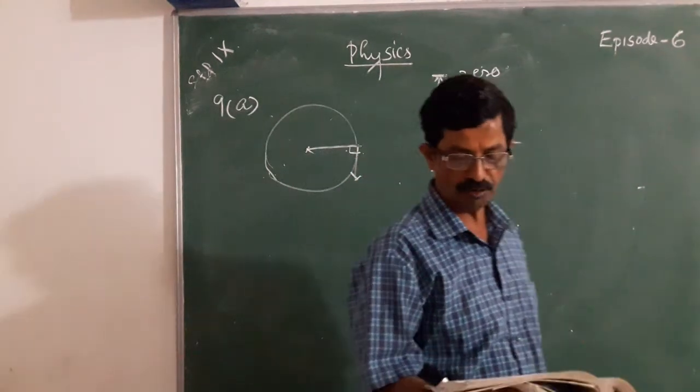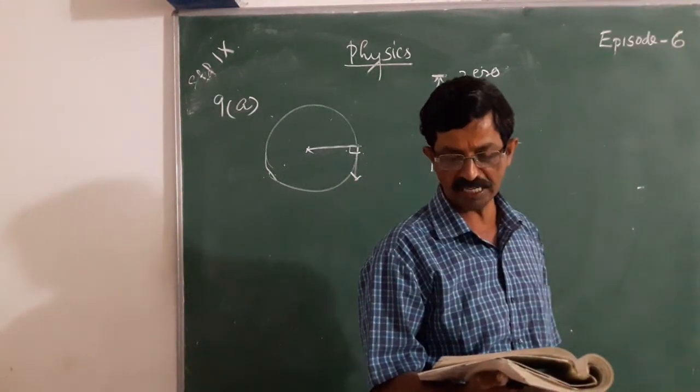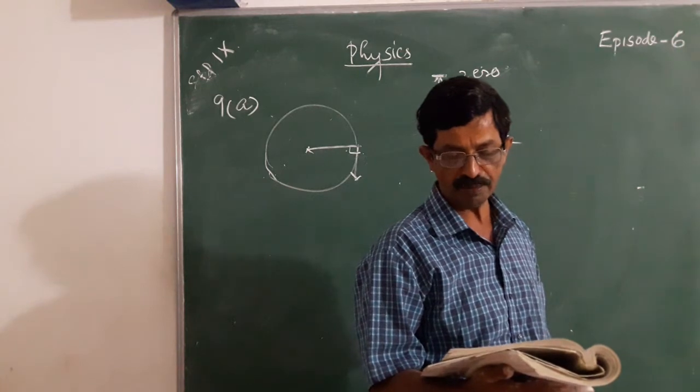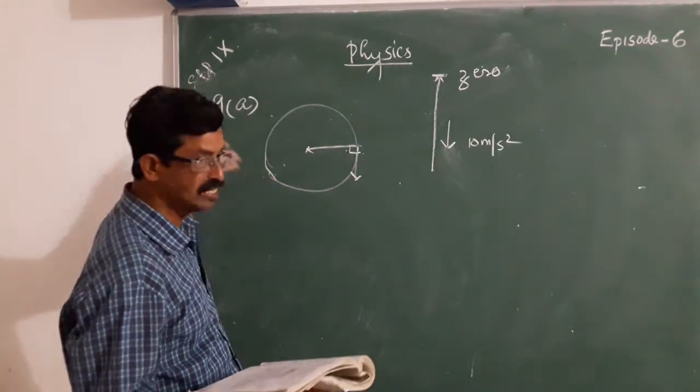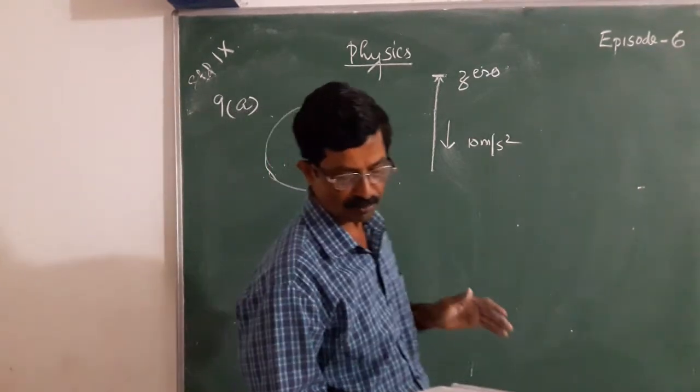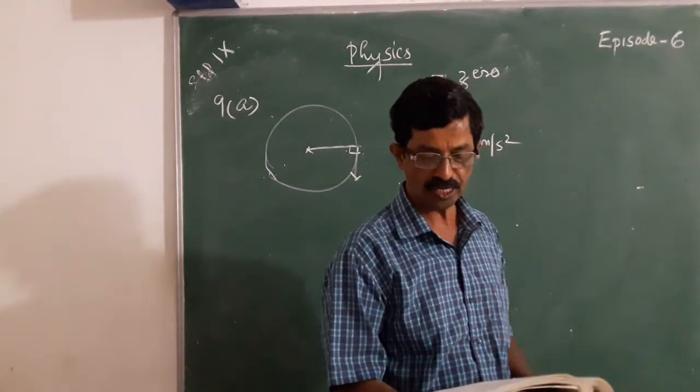For example, when a body is in circular motion, acceleration is perpendicular to the direction of motion.